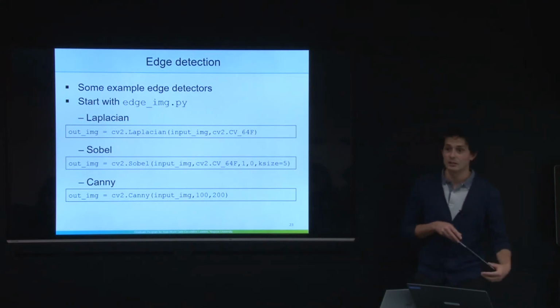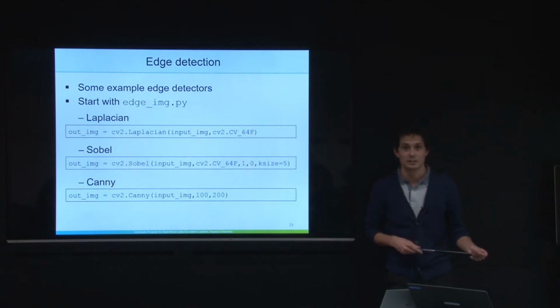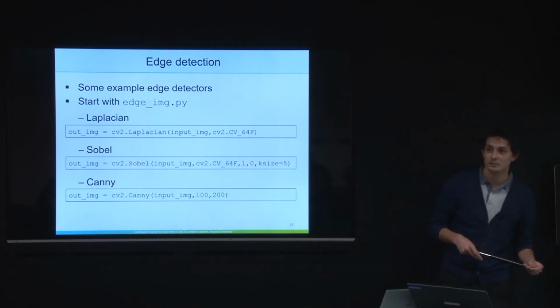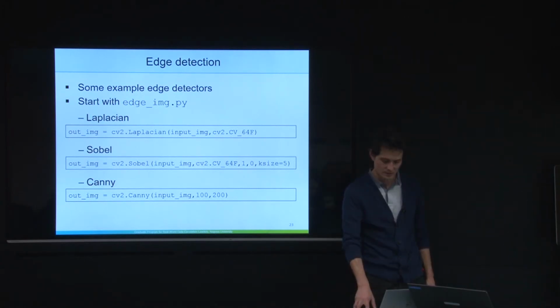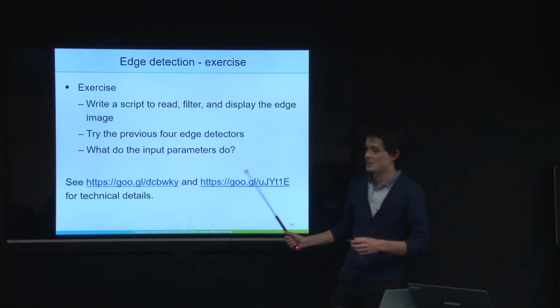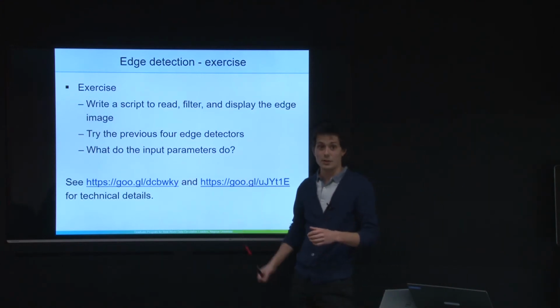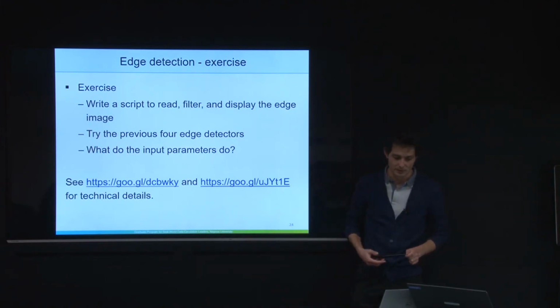Anyone managed to get the Sobel filter, the Sobel edge detector working? Not yet? I'll leave that up for a little longer then. There's a couple of links here to give you more information about how these edge detectors work, if you want to look into the theory of it.